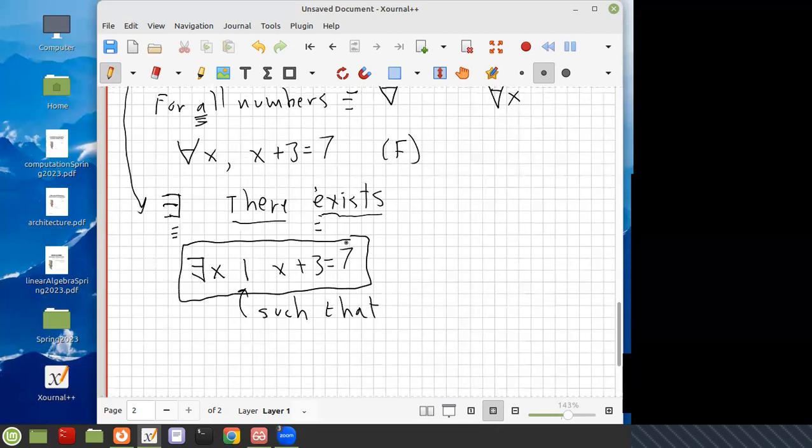So the equation we sort of think of as claiming its own being true. It's sort of like if I say X plus 3 equals 7, it's claiming to be true. Okay. And then up here, this comma is for every X, it is true that. So this comma sort of means here, it is true that.